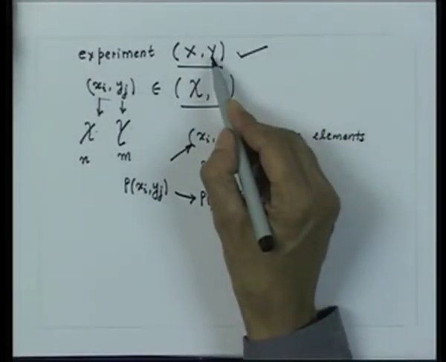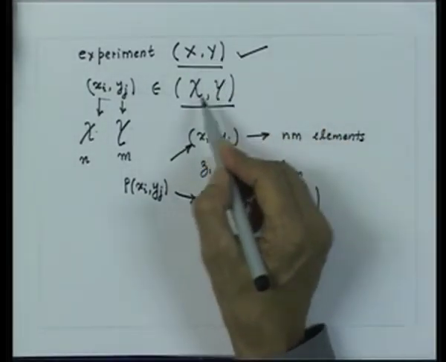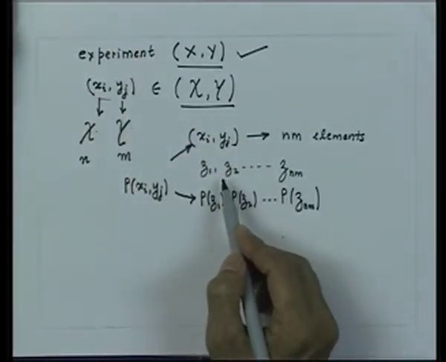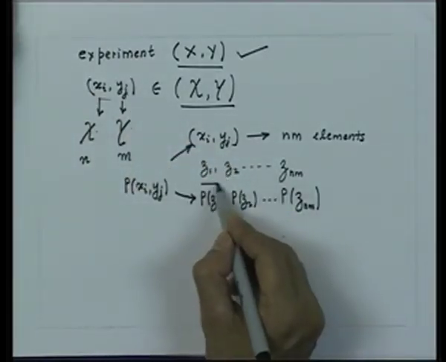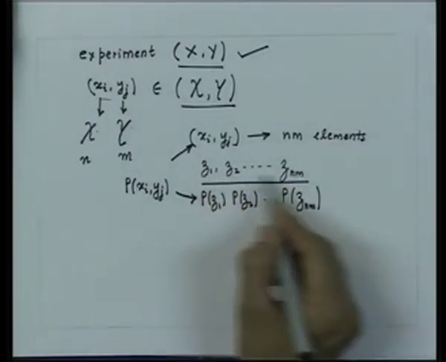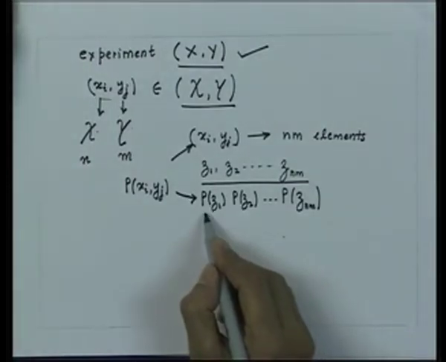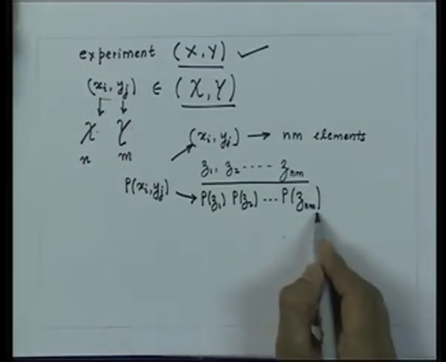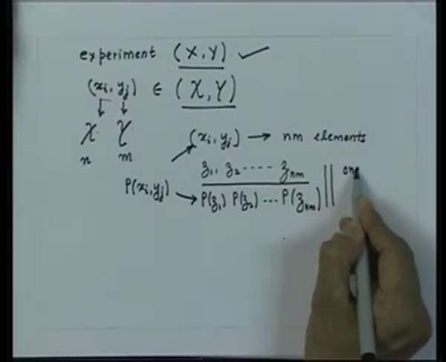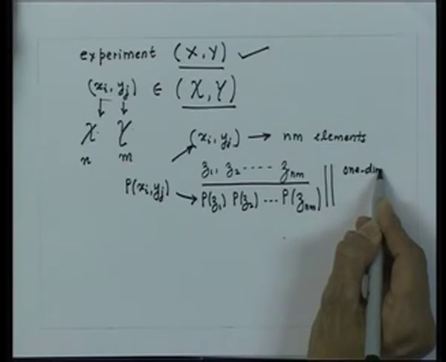So, an experiment which had two outcomes has been reduced to an experiment which consists of single elements, z1 to znm, with their probabilities of occurrence. Now, this has been reduced to a one dimensional sample space.